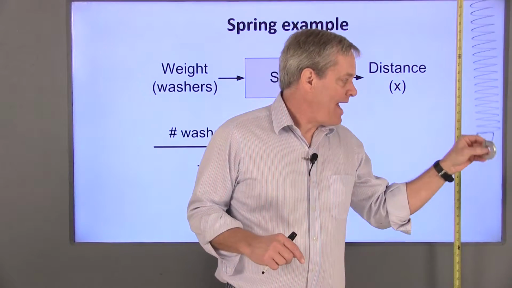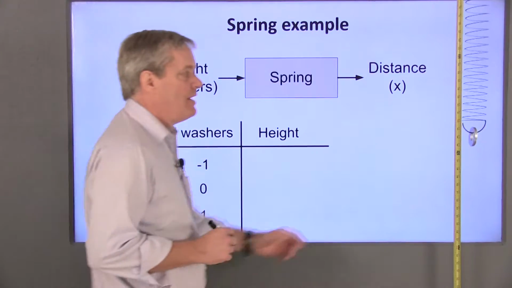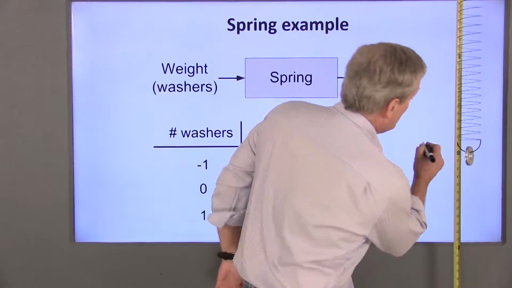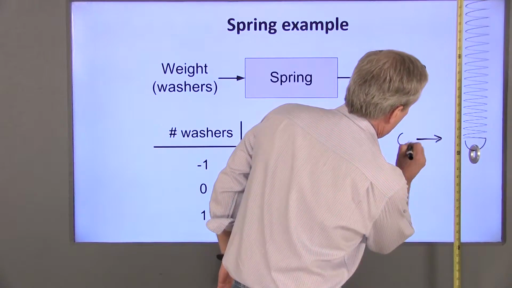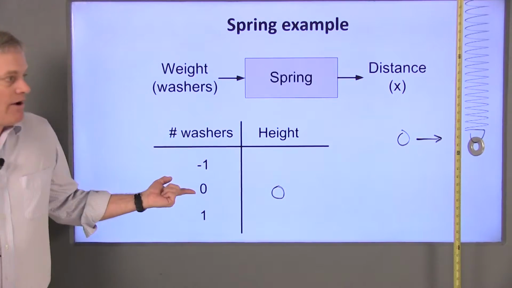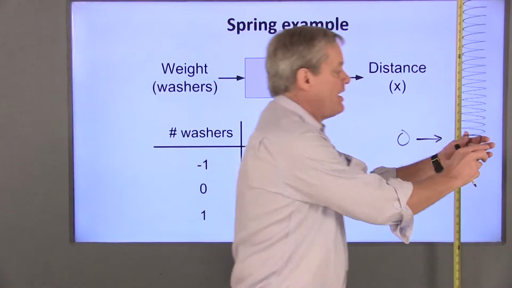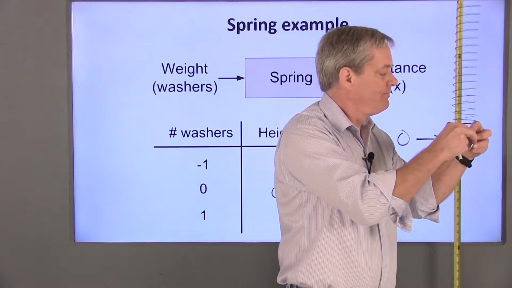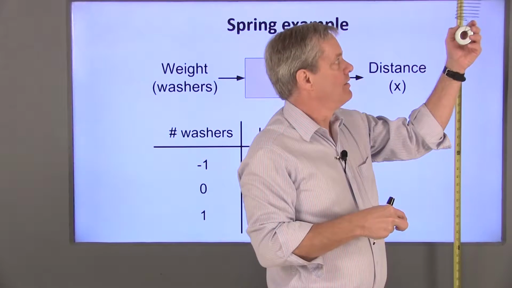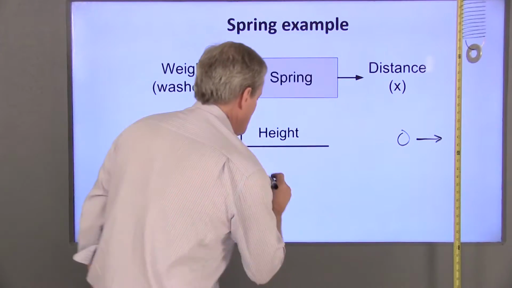I'm going to claim that that amount of weight corresponds to 0 washers. That's my new operating condition. If that's the case, then I'm going to call this 0 height. Now I can change the weight relative to this given value of 0. If I remove one of the washers, the weight goes up. I get about positive 11 inches of displacement.